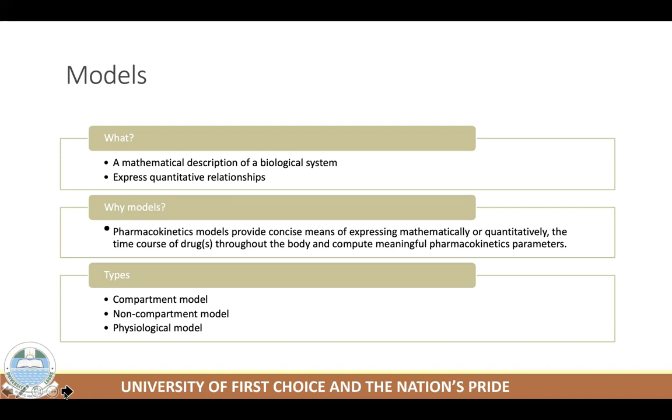For example, a compartment can be considered as a group of tissues with similar blood flow and affinity for a drug. It has, of course, no real world anatomical or physiological reality. It's just a mathematical description of parts of the body that have similar blood flow and affinity for a drug.